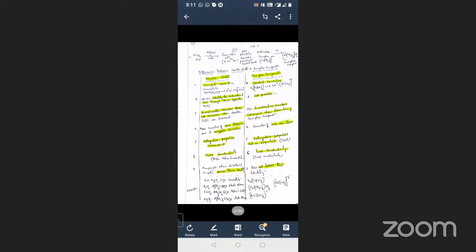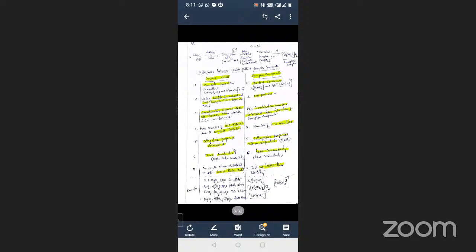Completely ionization takes place in case of double salts. Partial ionization takes place in case of complex compounds. When double salts are dissolved and undergo ionization, we get the specific tests of individual ions. But in case of complex compounds, there is no possibility.